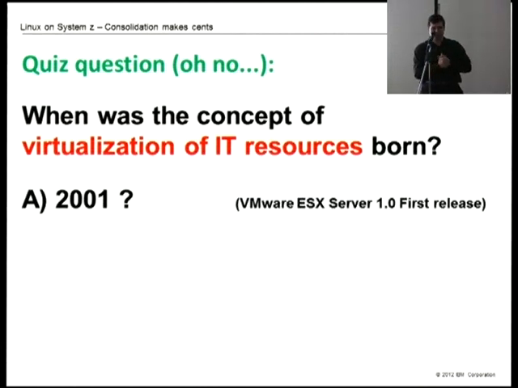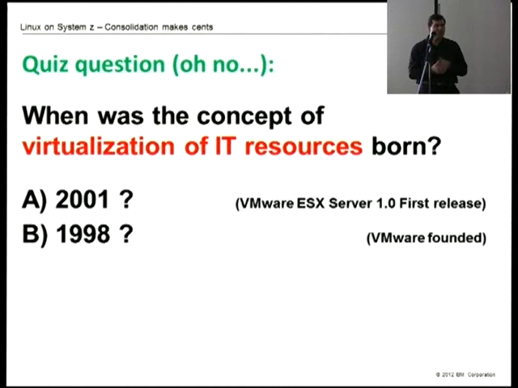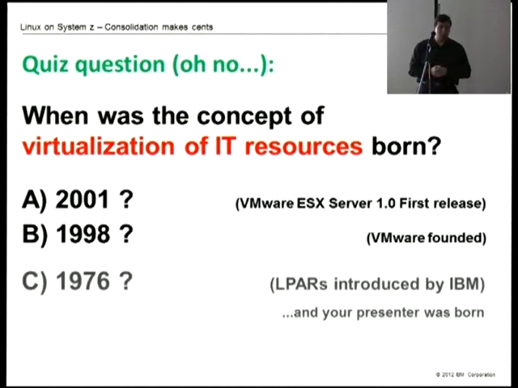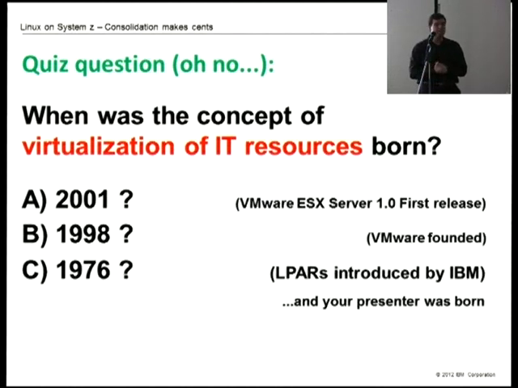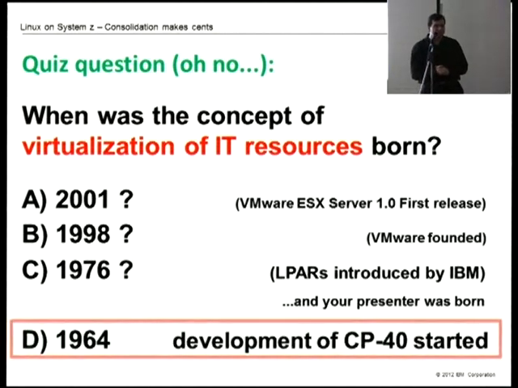Was it 2001 when the first ESX server came out? Probably not. Was it 1998 when VMware was founded? Or was it 1976 when IBM introduced logical partitions on the mainframe? And the answer is right there, it's D, 1964.